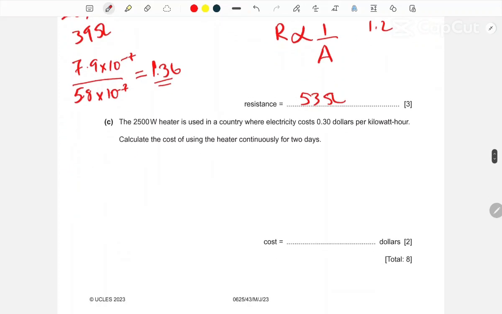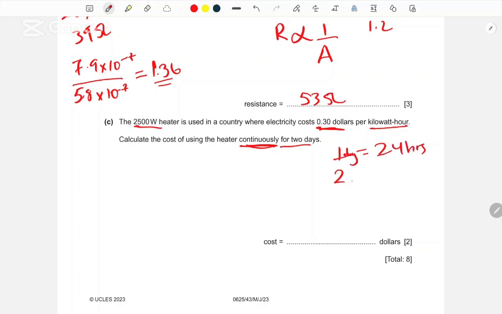Part C. The 2500 watts heater is used in a country where electricity costs $0.3 per kilowatt hour. Calculate the cost of using the heater continuously for 2 days. So we know that in 1 day, there's 24 hours.